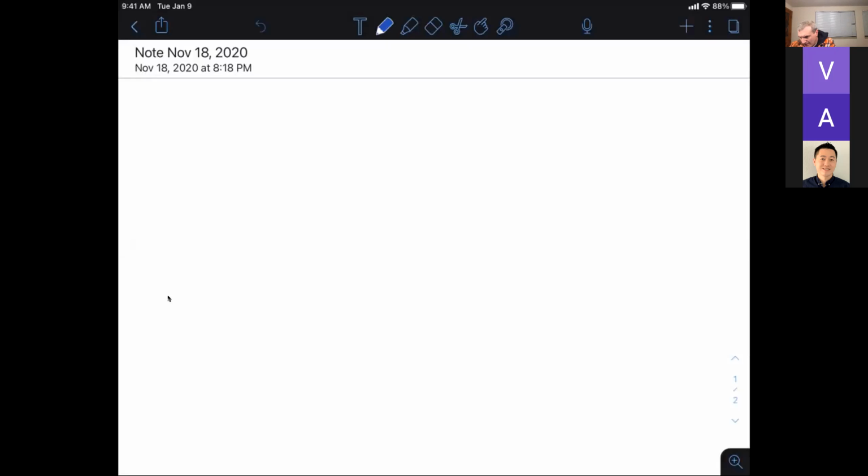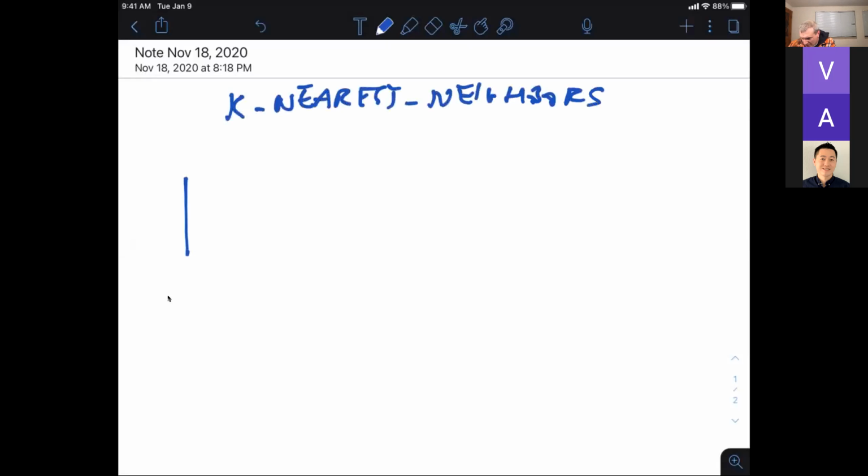Okay. So we're looking at K nearest neighbors. Okay. So this is based off of the Pythagorean theorem, or what's called the Euclidean distance.